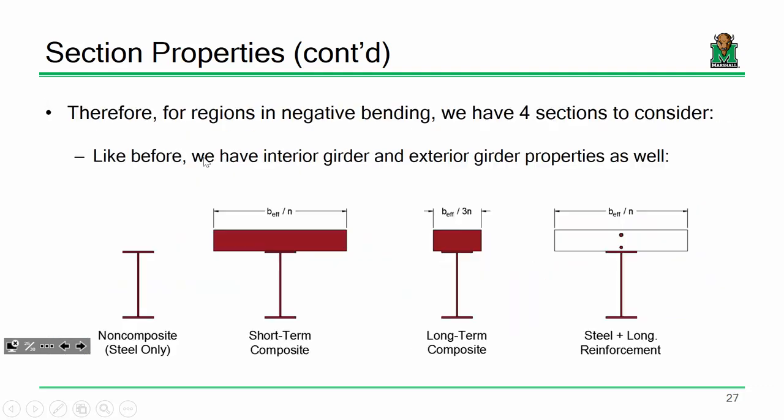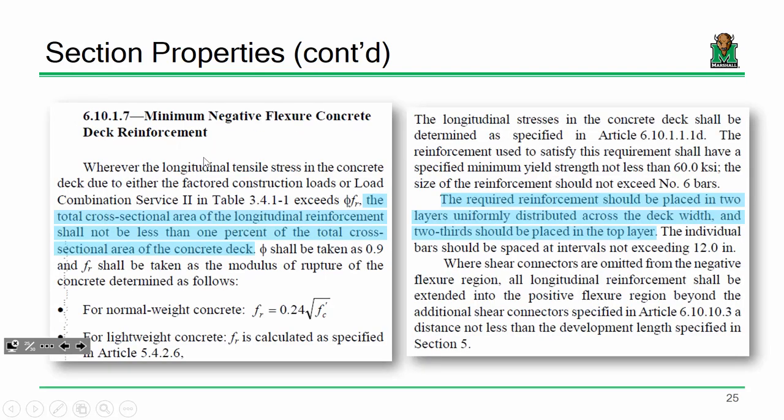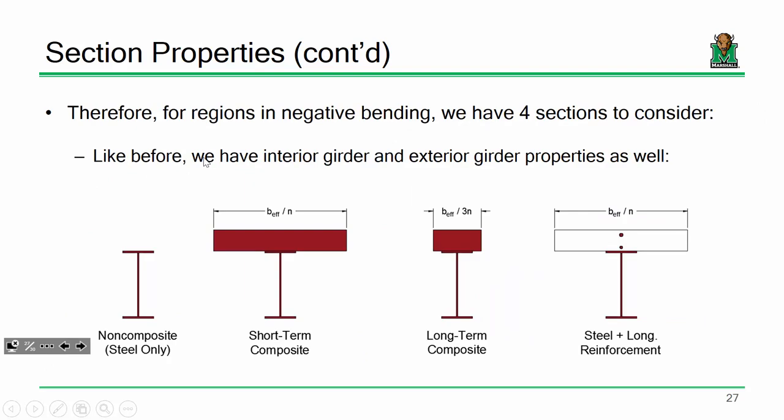So what that means is, if I look here at this steel plus longitudinal reinforcement, I would compute the area of this deck and say 1% of that, that's all this rebar. Okay? All this rebar, that's 1% of this area. And how do I lump it? All right? 2/3 in the top layer, 1/3 in the bottom layer. So I take all this area, 1%'s all of it, 2/3 goes up here, 1/3 goes down there.